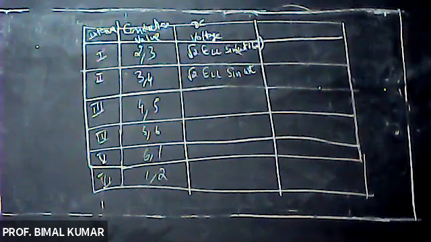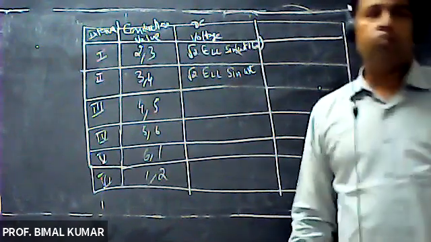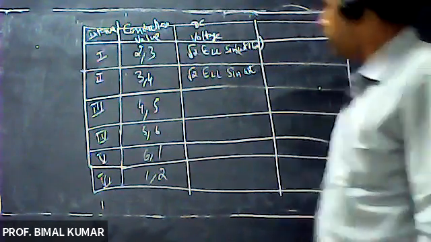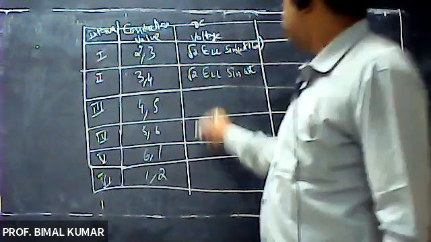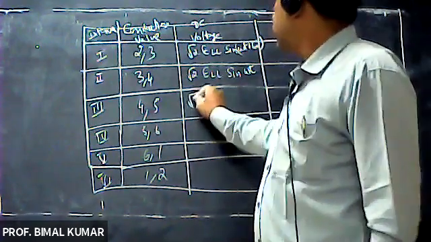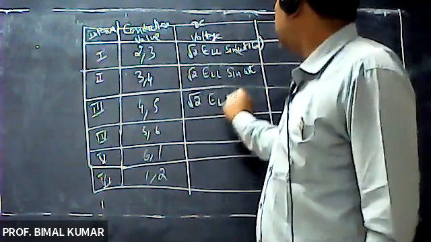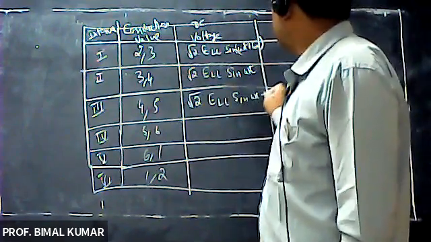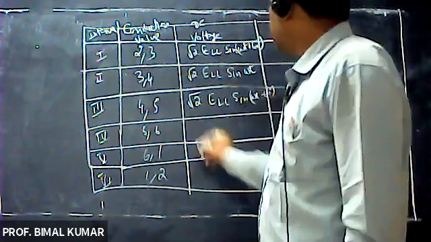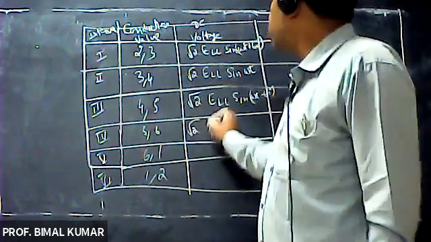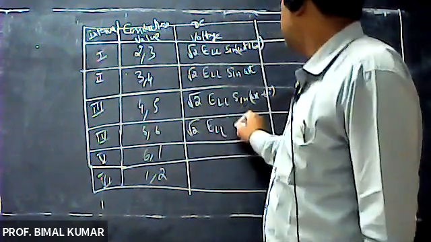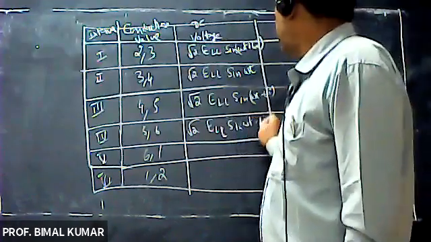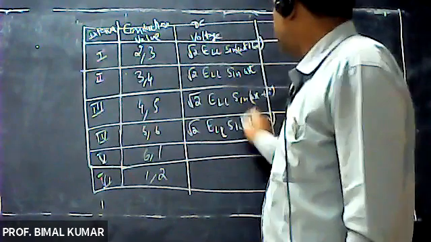Then for interval 3, when diodes 4 and 5 are conducting, your DC voltage will be root 2 ELL sine omega t minus 60 degree. Then root 2 ELL sine omega t minus 120 degree.